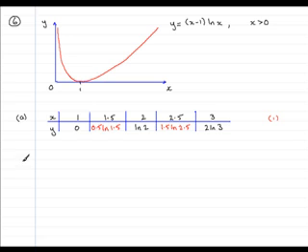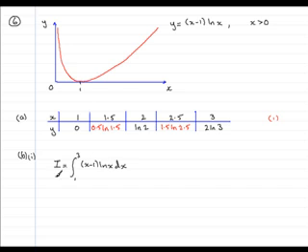Now we move on to part B, and in part B we have 2 parts to this question. The first part, we're given that I is equal to the integral from 1 to 3 of the graph above, which is x minus 1 multiplied by the natural log of x, integrated with respect to x.